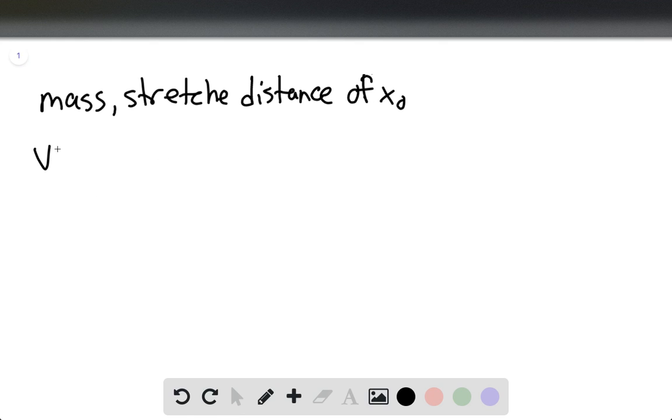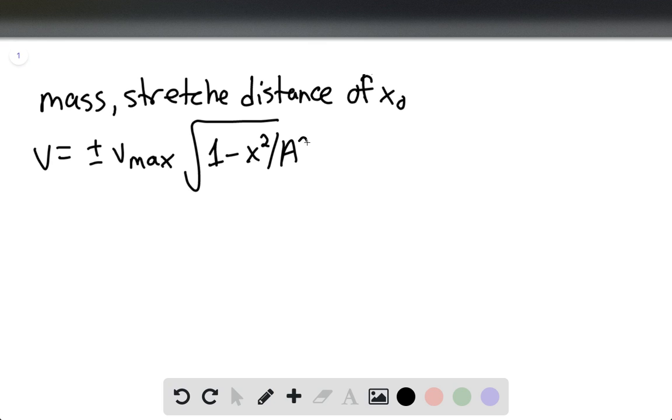And we can say that v is going to be equal to plus or minus v max times the square root of 1 minus x squared over a squared. So essentially, this is going to be equal to v max over 2.